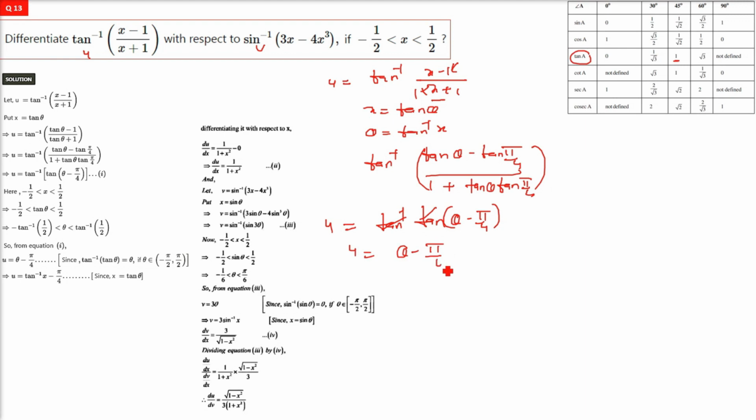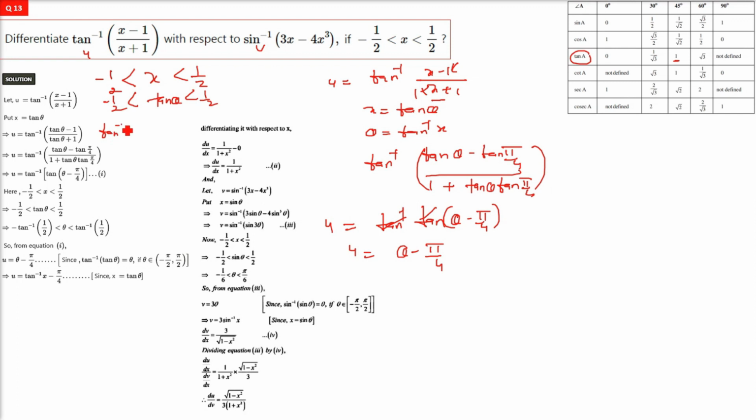Now this theta minus pi by 4 has to be checked between minus half and half. Please remember. So when x is between negative half and half, and you put x as tan theta, we don't know the precise value here. From the table you can see that if you put 0.5, because half is 0.5 only, when you take tan inverse of half, you see where half will be.